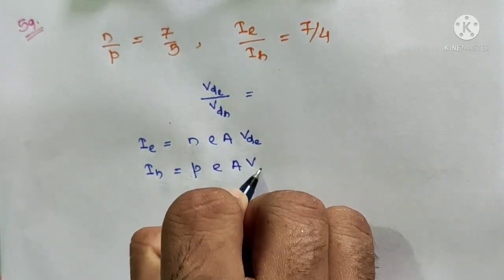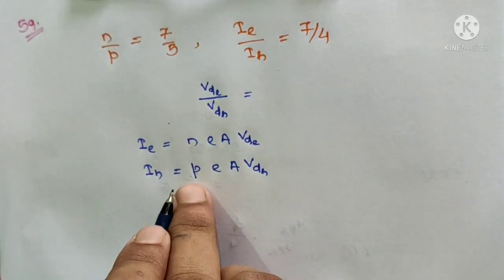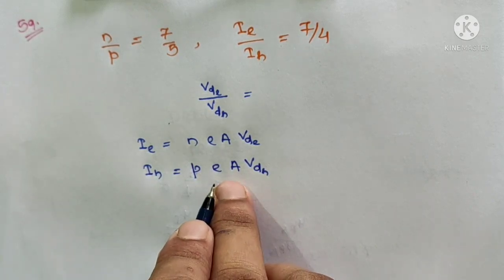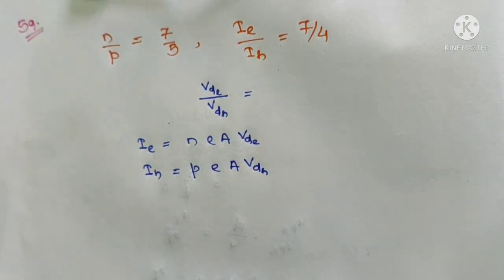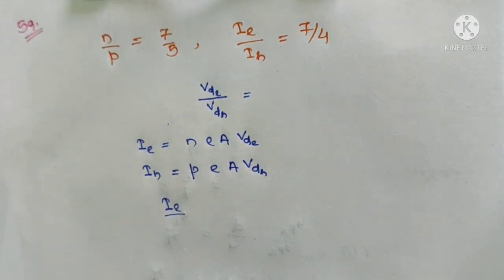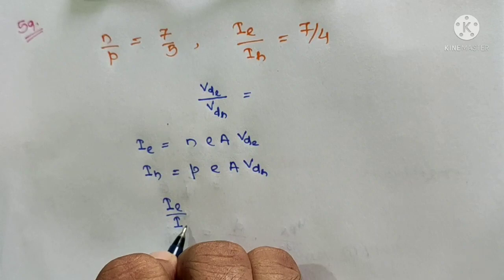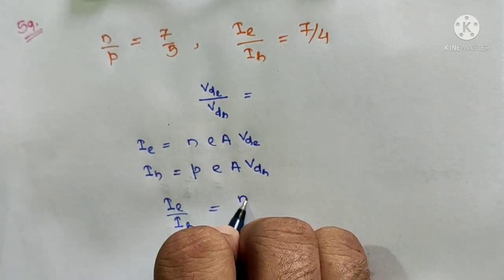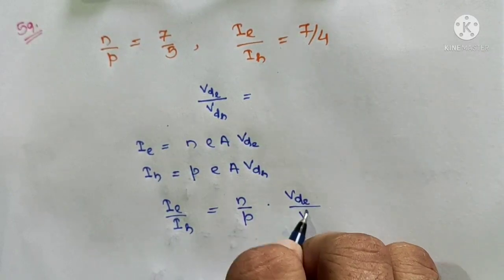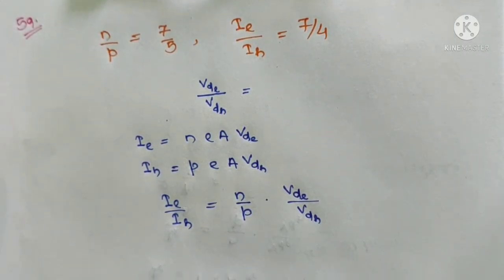P is the concentration of hole, E is the electronic charge, A is the surface area of the semiconductor, Vd is the drift velocity of the holes. So Ie over Ih equal to N by P times VdE by VdH. So now use the given value and find the result.